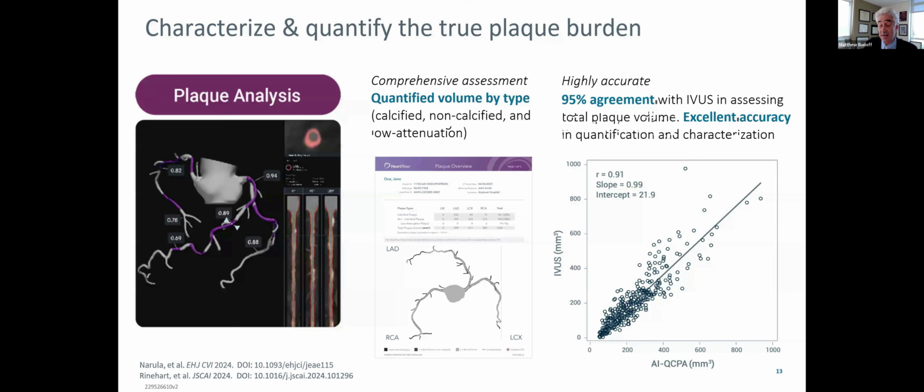You can see on the right the correlation between the AI plaque volumes and intravascular ultrasound, and there was a 95% agreement with intravascular ultrasound in assessing total plaque volume. So it really gives us an excellent accuracy in both quantification and characterization of the plaque.